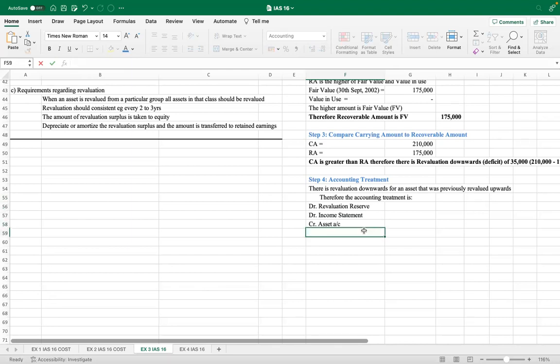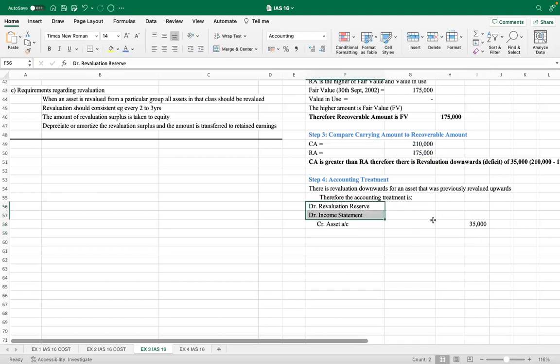So take note of that. Now, how much do we credit? We credit the 35,000. Now, the total of the debit should also be equal to 35,000.